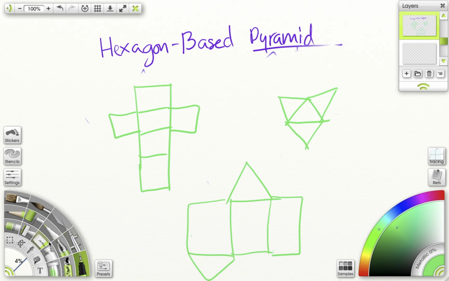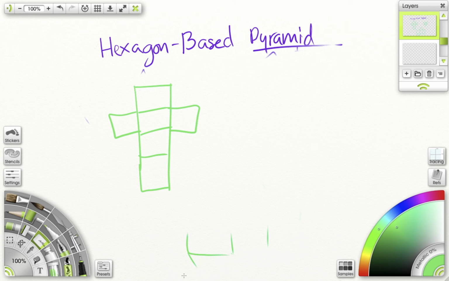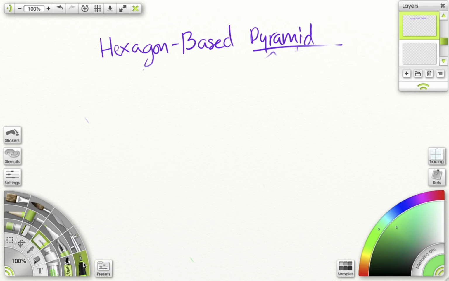So that's what we're going to be trying to do today: match up the 3D shapes to their nets. So let's do a couple examples. Let's do a pentagonal prism, or a pentagon prism.